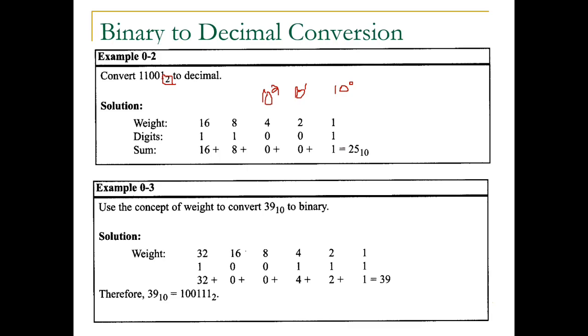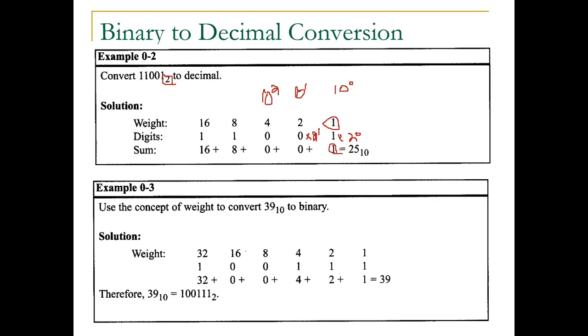we multiply by 2 to the power 0. So 2 to the power 0 is equal to 1, multiplied by 1 is equal to 1. The next bit we multiply by 2 raised to the power 1.